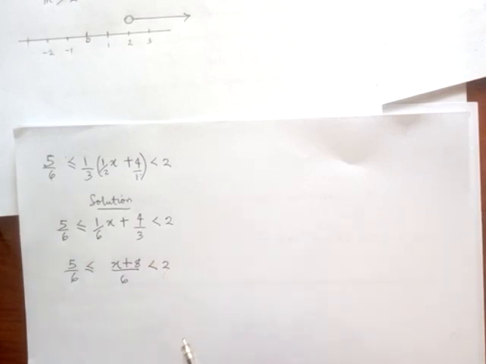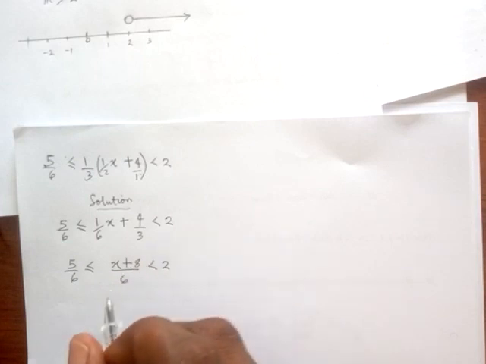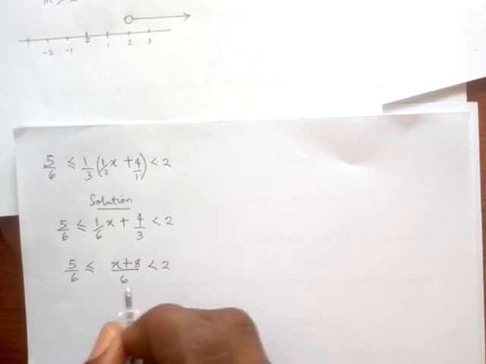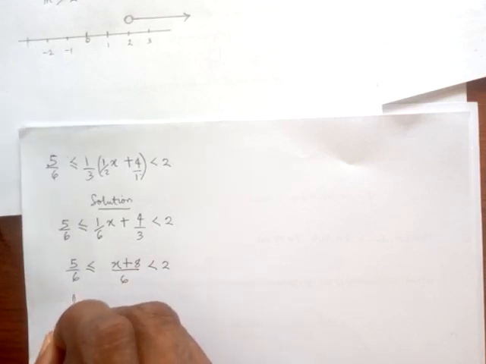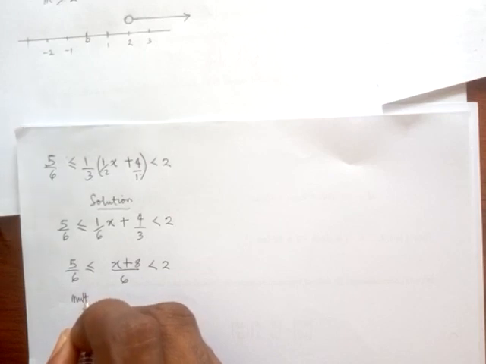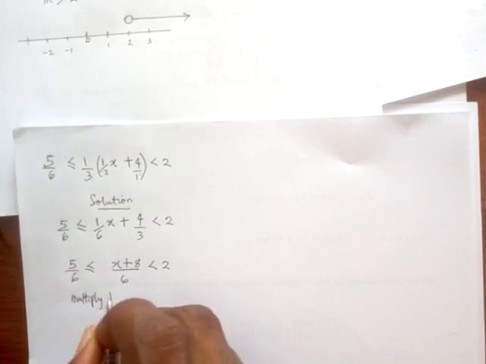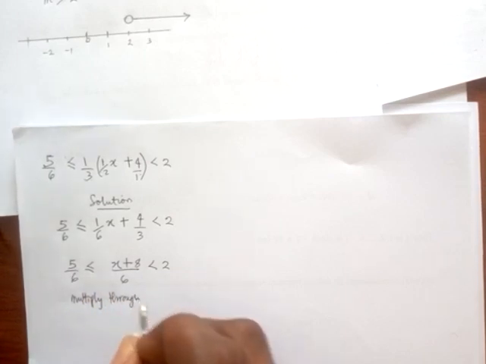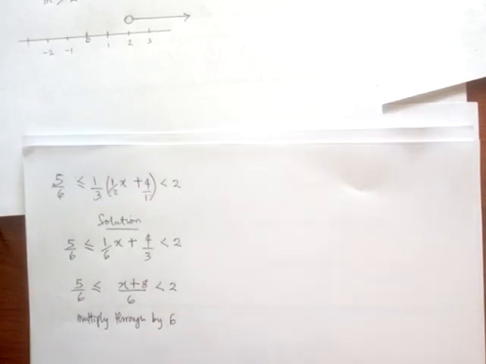And then we're going to multiply through by 6 so that these denominators will go away. So multiply through by 6.